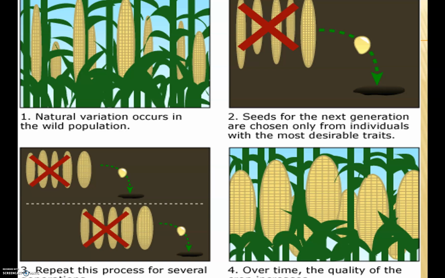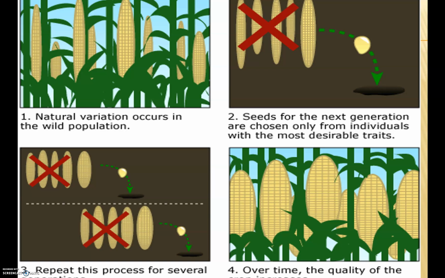Lots of variety. What people learned early on, if you look at picture 2, is that if you keep the best of the best and plant those, don't eat them, and you either destroy or eat everything else, that's what picture 2 is showing you. If you look at picture 3, now remember you're selecting for one trait, so it looks like they're trying to grow large ears of corn.